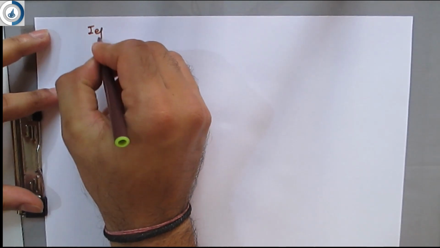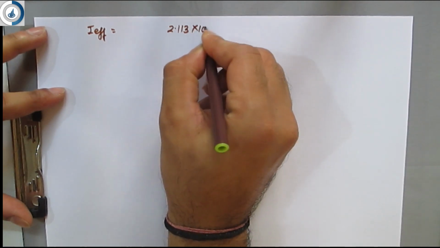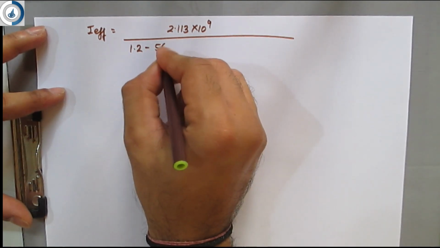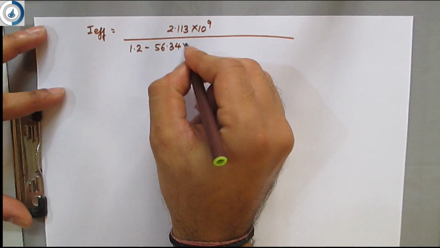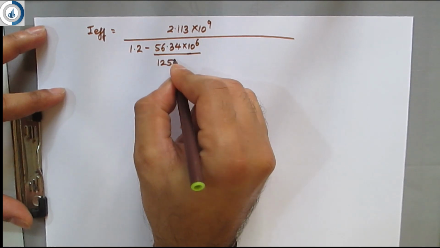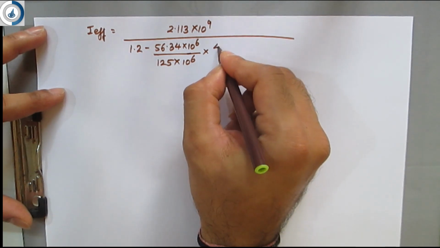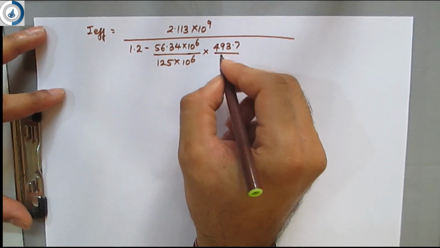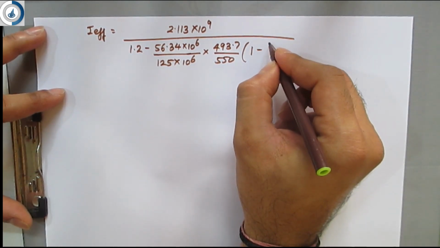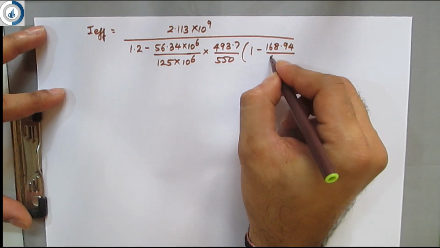So IEFF is equal to IR we have got 2.113 into 10 raised to 9 divided by 1.2 minus cracking moment we have got 56.34 into 10 raised to 6, and the given moment was 125 into 10 raised to 6 Newton millimeters. Then Z is 493.7, Z by D, that is 550, into bracket 1 minus X by D, X is 168.94, divided by again D, that is 550.